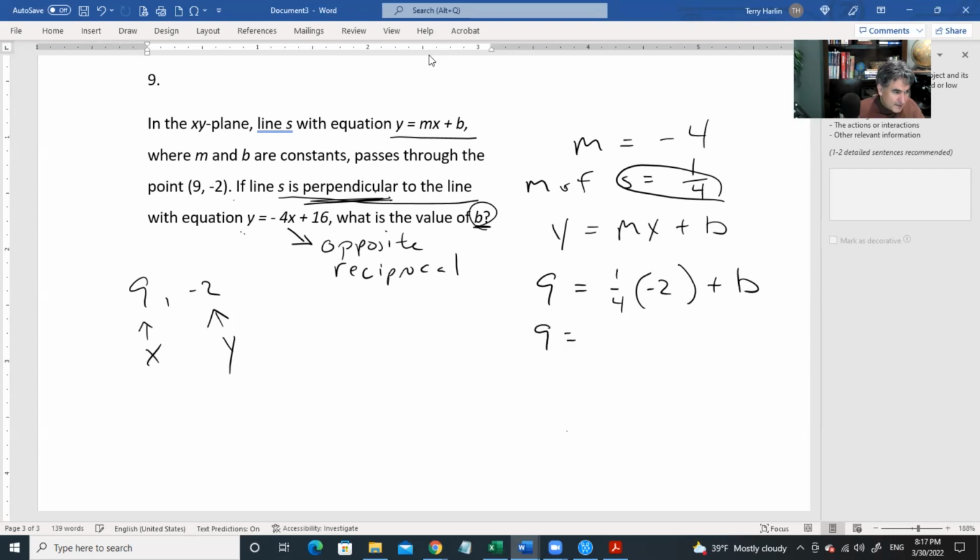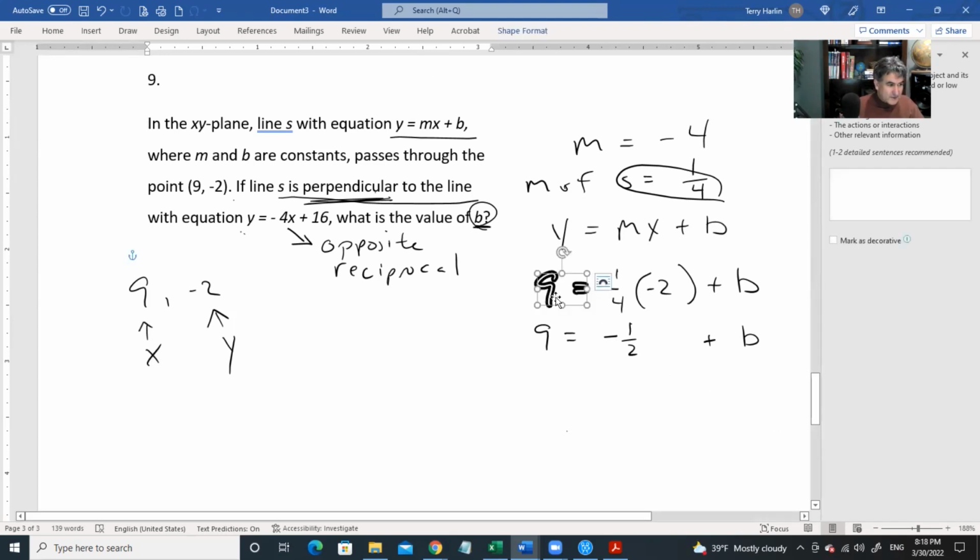And 9 equals negative 1/2 plus b. Oh, wait a minute, I'm sorry. That's our x coordinate. So x has to be here. Okay. Glad I caught myself there. Even the best of us make mistakes here.